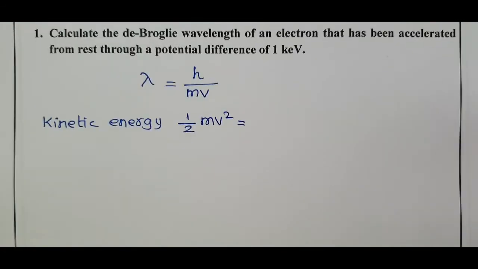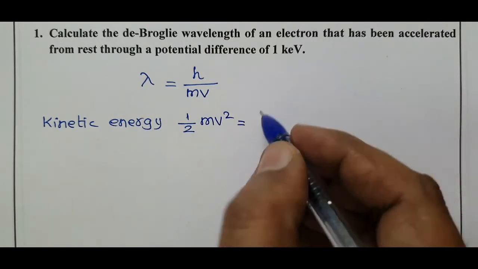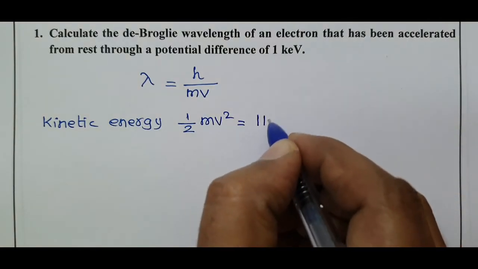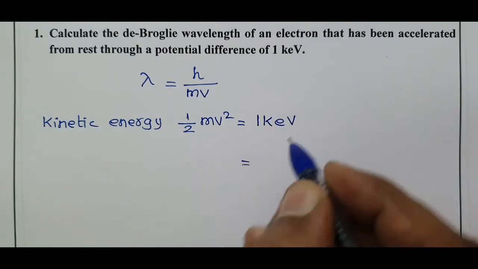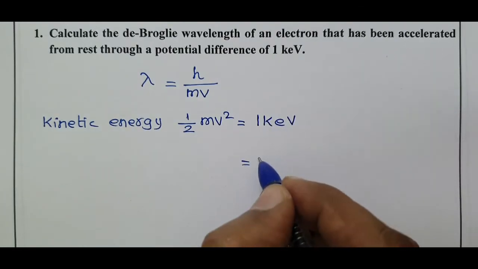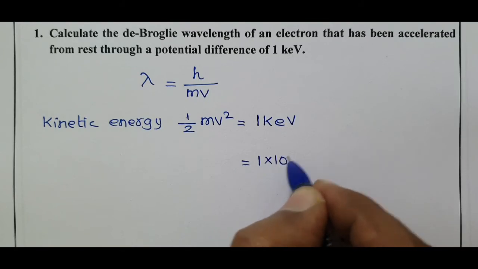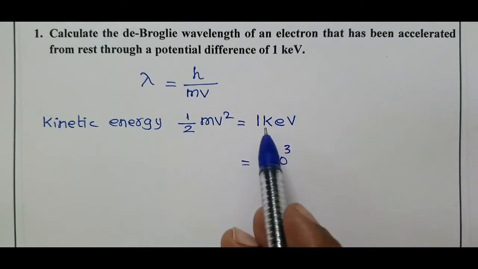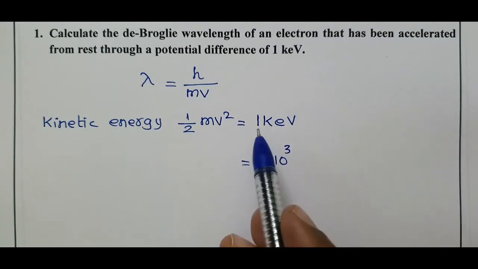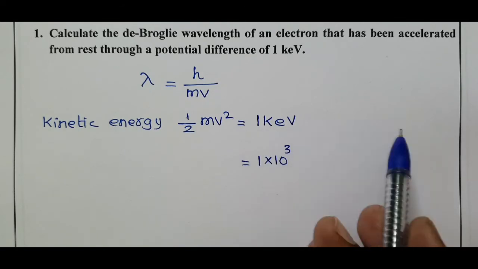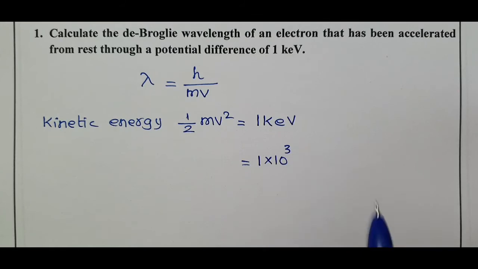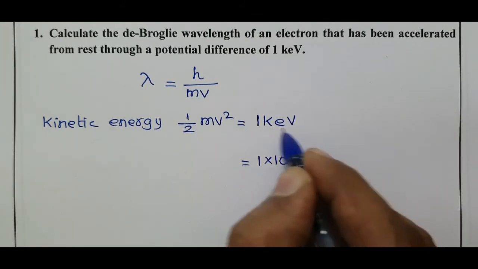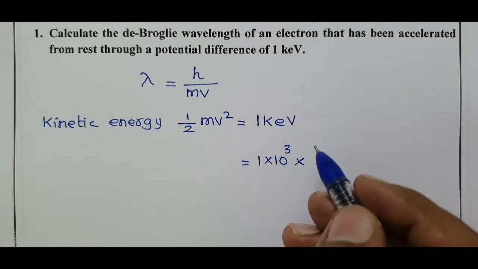Kinetic energy, half mv squared, equals 1 kilo electron volt. That is equal to 1 kilo, which means 1 into 10 power 3. Kilo means 1000. Kilogram is 1000 gram, kilojoule is 1000 joule. Kilo is nothing but 10 power 3. Electron volt is nothing but the charge of electron.